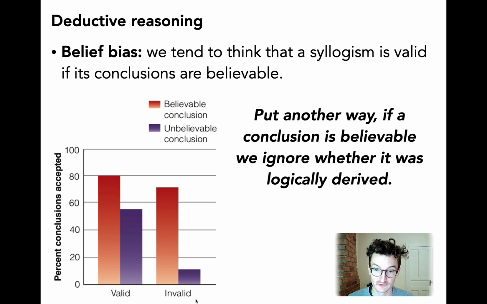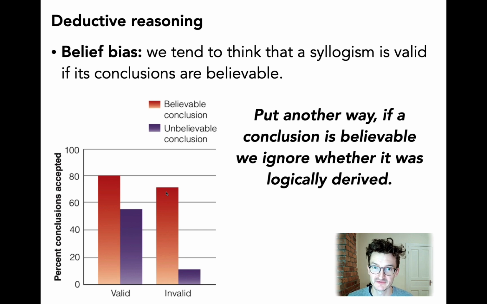If the conclusion is logically invalid but it's believable, people accept it. So we're pretty bad at evaluating whether a conclusion logically follows from the evidence that comes before it. And you probably saw that in the last slide. It was kind of difficult to figure out exactly why that conclusion was valid or invalid.